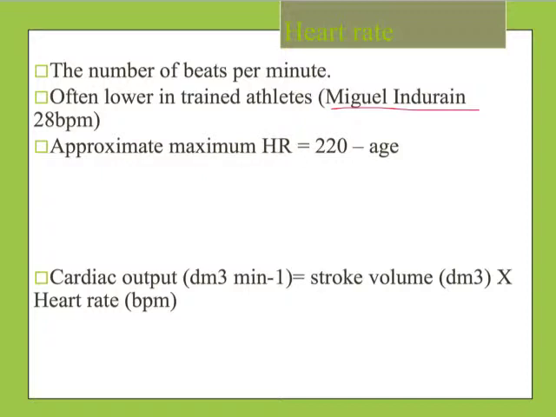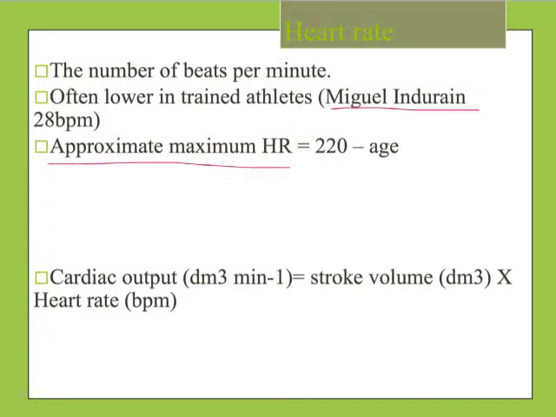But generally, an athlete would have, on average, I think about 65 beats a minute. When I was at university, mine was about 50, because I was an endurance trained athlete. Endurance athletes tend to have lower resting heart rates because their stroke volume tends to be greater, so they don't have to pump quite as many times to get the same cardiac output.